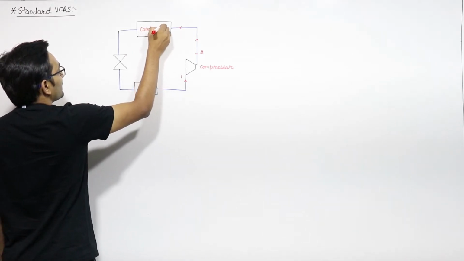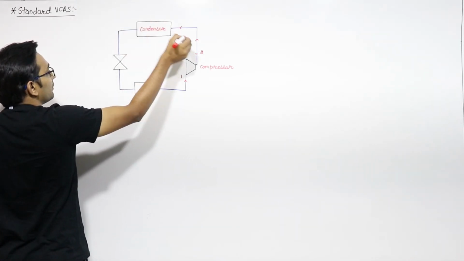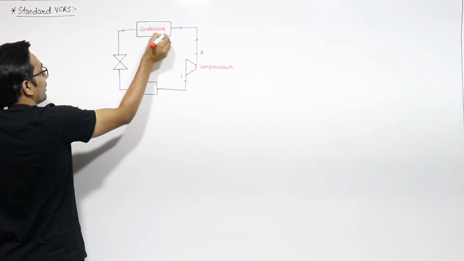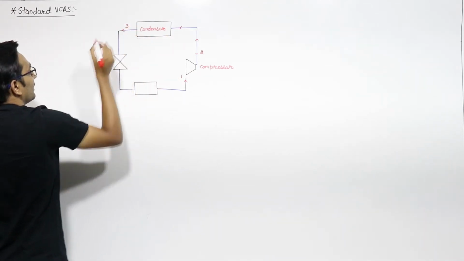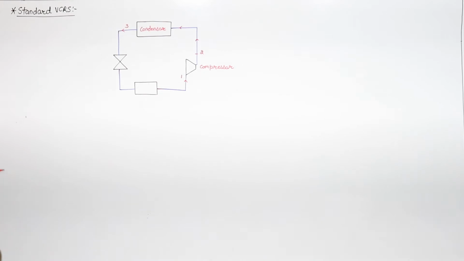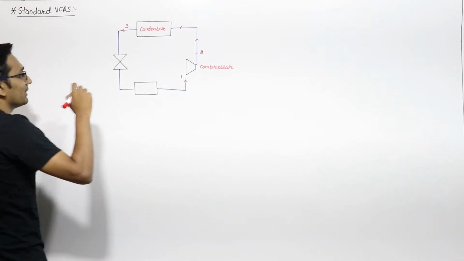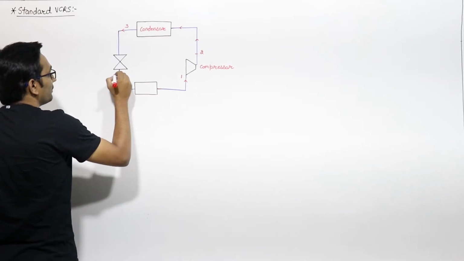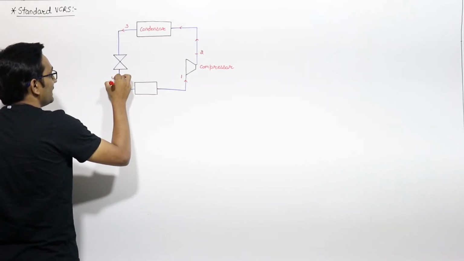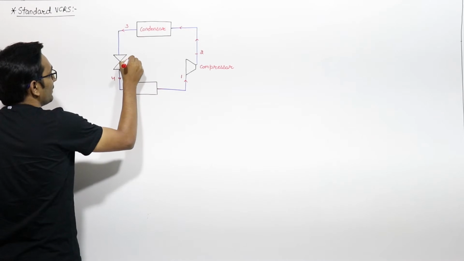In the condenser, the process is from 2 to 3, and the heat exchange process is at constant pressure, not at constant temperature. Then we have an expansion device. This is a throttling valve.